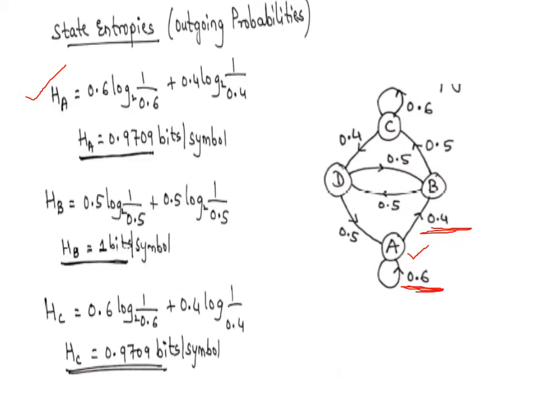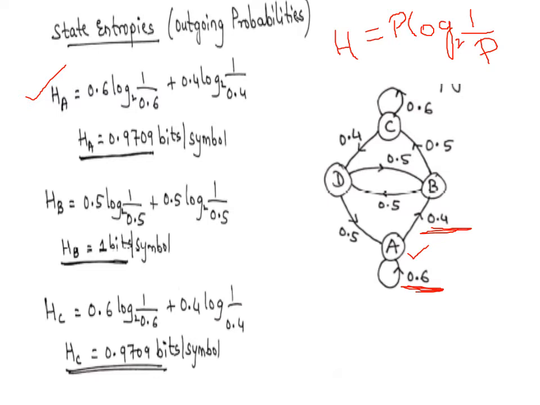So we know that entropy H equals summation of P log of 1 divided by P to the base 2.